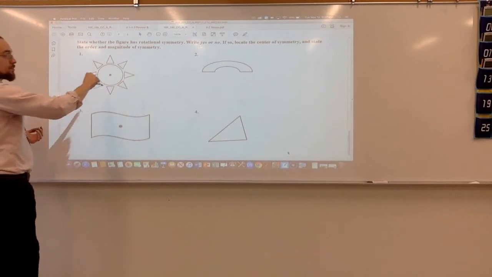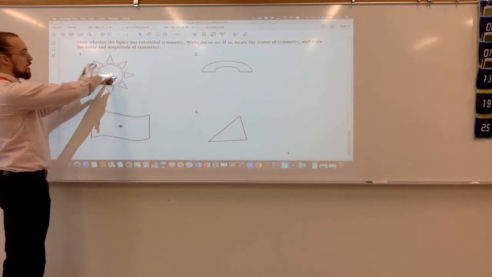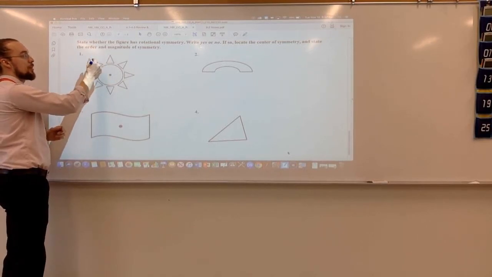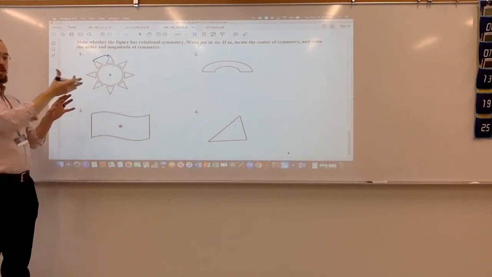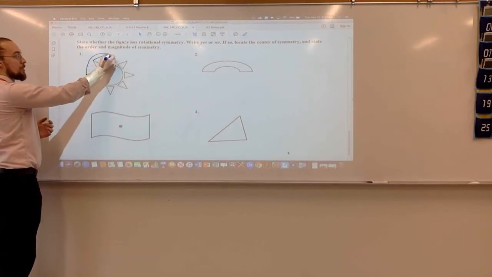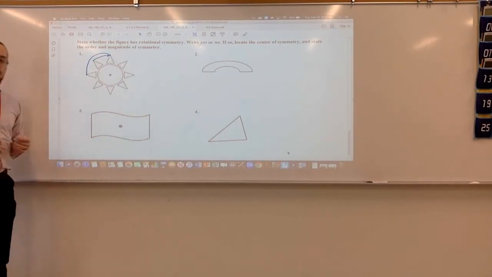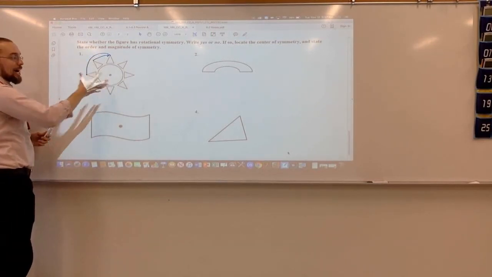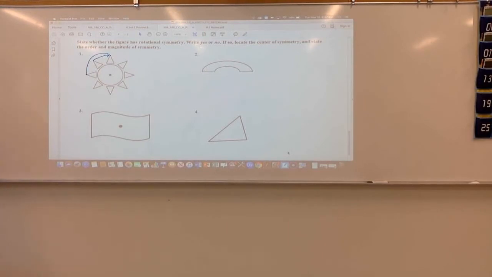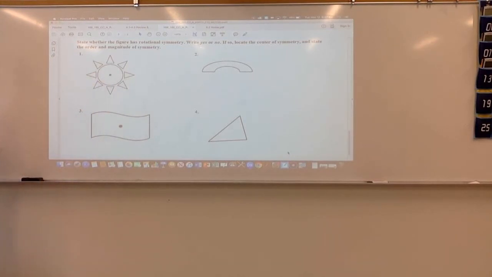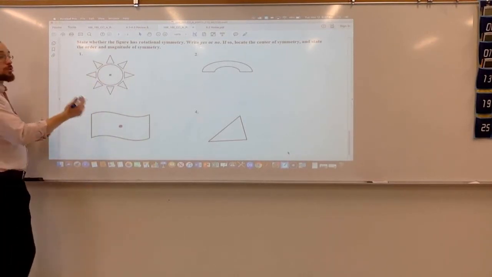Okay, so if I put my finger in the middle and I turn it, I would just need to get this point to here for those figures to look exactly the same. Right? Or I can get this point all the way up to here to get the figures to look exactly the same. Since there are 8 of these little identical triangles around the edge here, that means that I could do this 8 times before I get all the way around to make it look exactly the same.